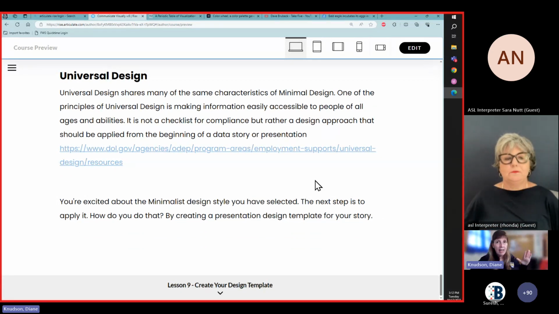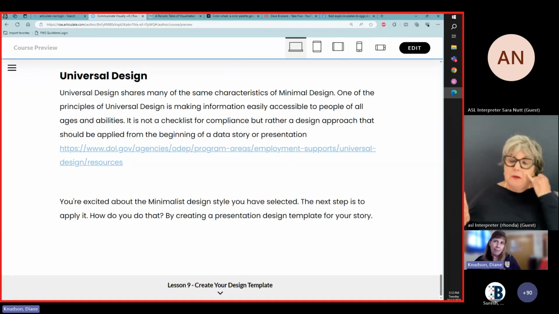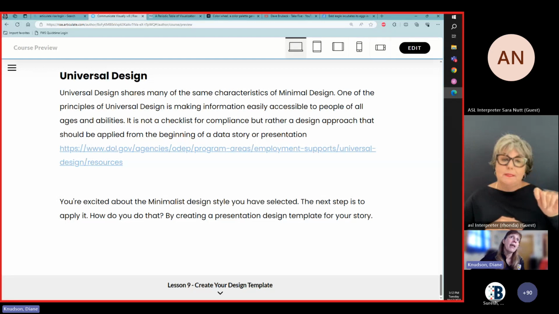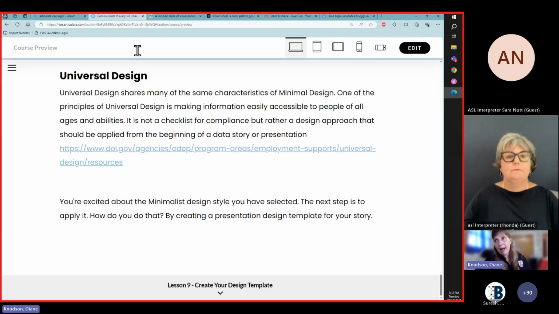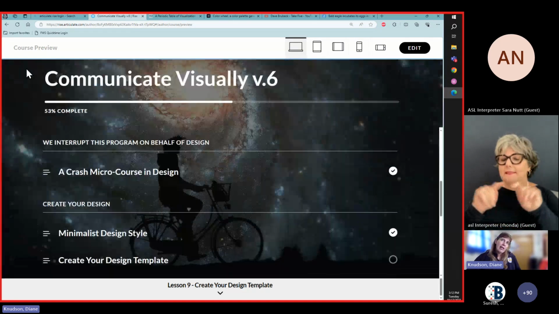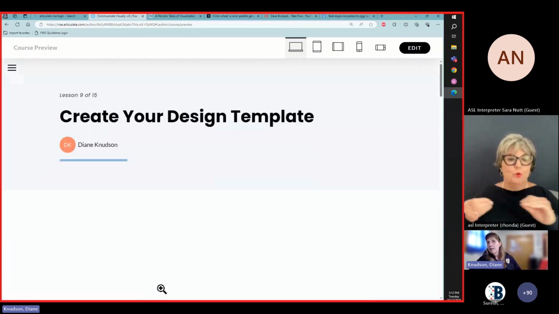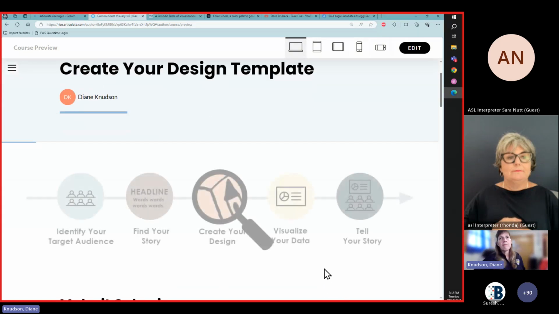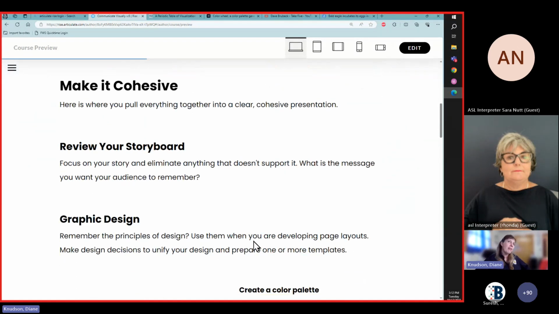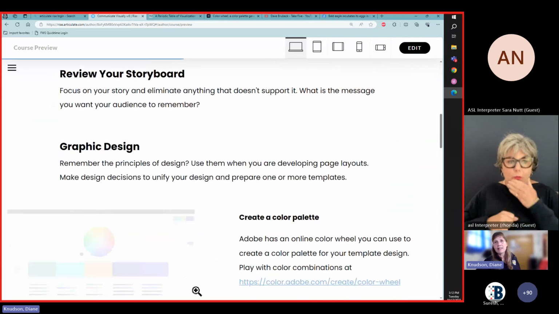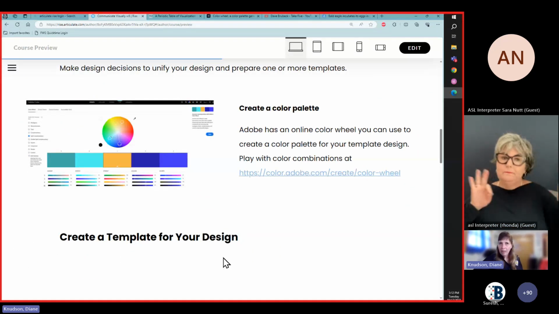So you've chosen a design, this minimalist design, and the next step is how to apply it. You apply it by creating a design template for your story. So here we are. This is where you pull all of your pieces together. You create a color palette.